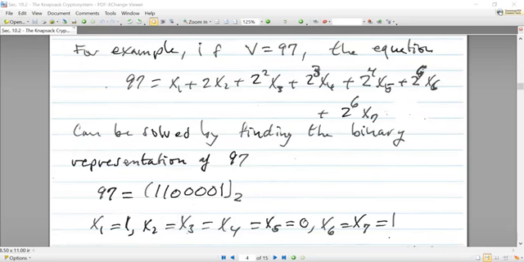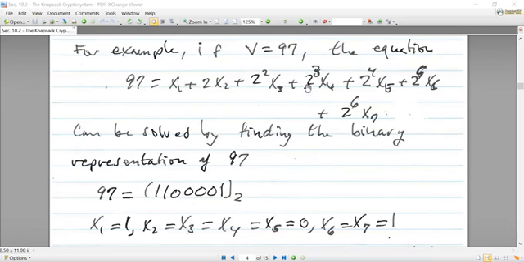And you actually take these to be the values of your x's: x1 to be 1, which is the very first, the units kind of digit, then x2, x3, x4, and x5 all zeros, and x6 and x7 to be 1.